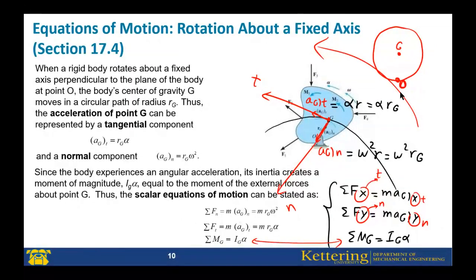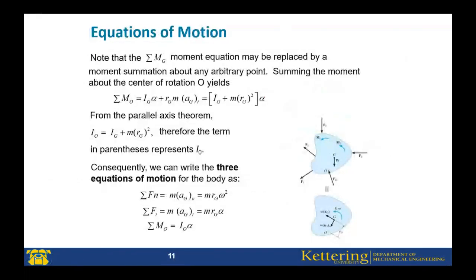Why? You learned it. At this point, there are these forces. By finding the moment about this point, I will eliminate some of the unknown forces. For a rotating body, if I want to find the moment about any point different from the G, this is the only difference.